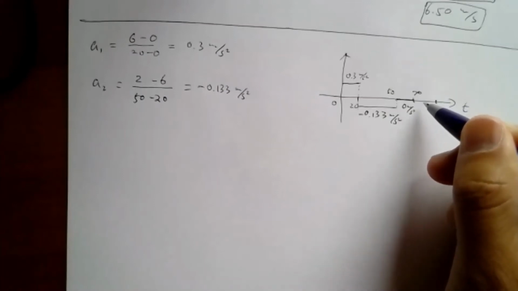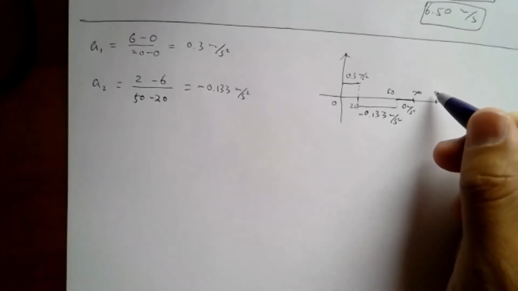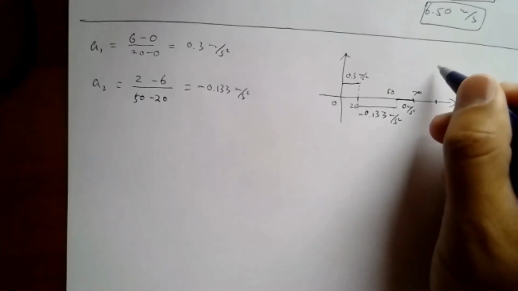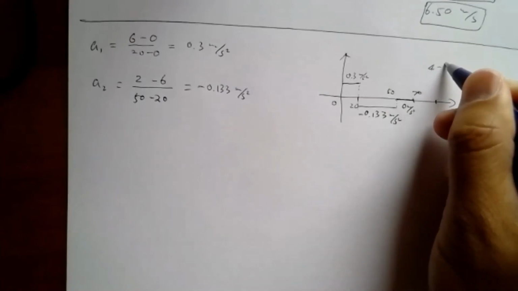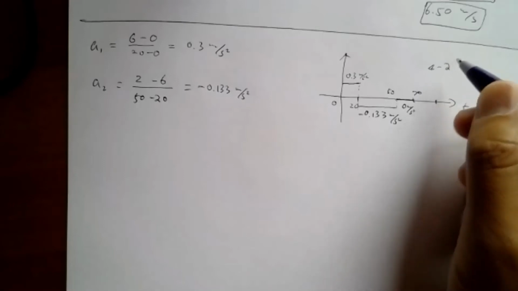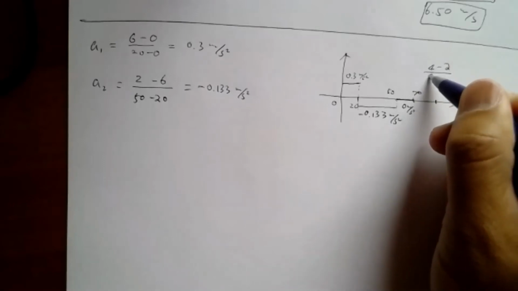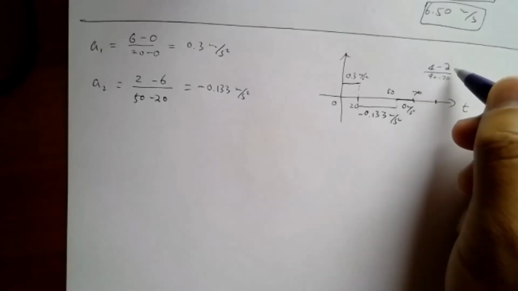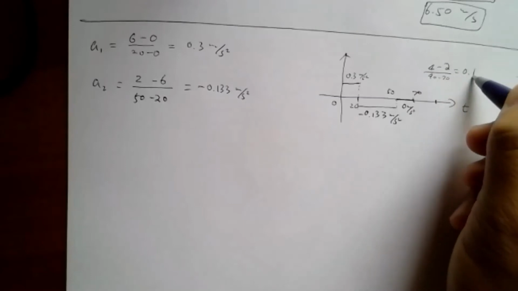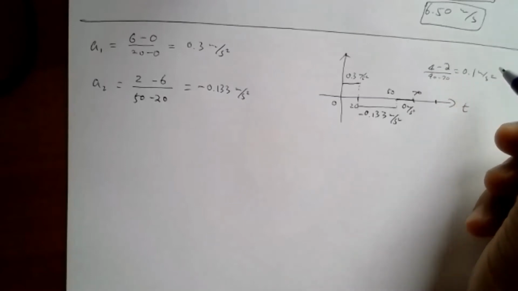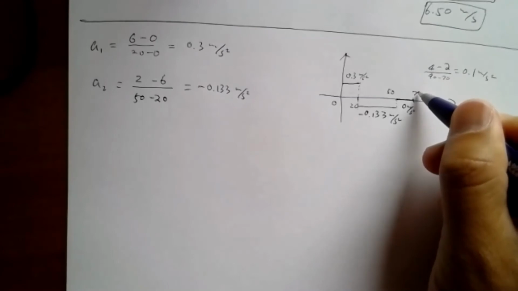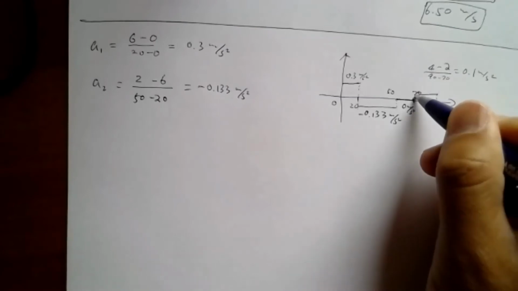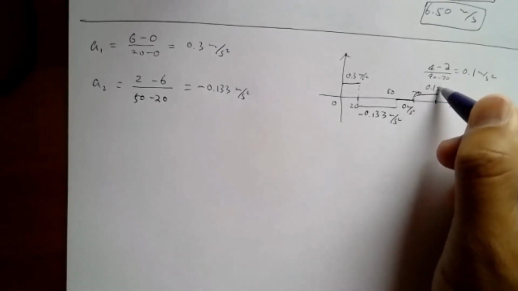On this one you'll have 4 minus the initial velocity of 2, divided by 90 minus 70. That gives roughly 0.1 meters per second squared, so you indicate about 0.1 meters per second squared for this time interval.